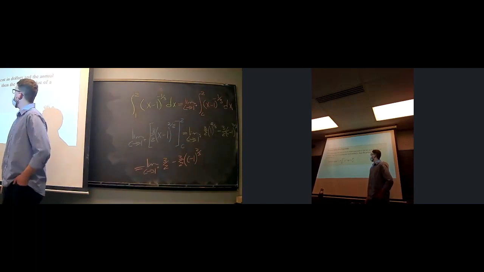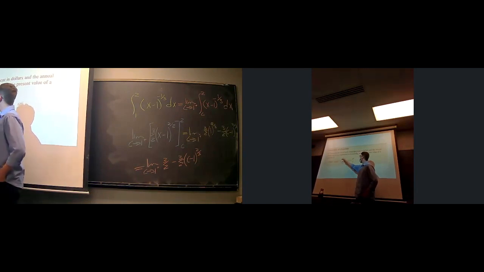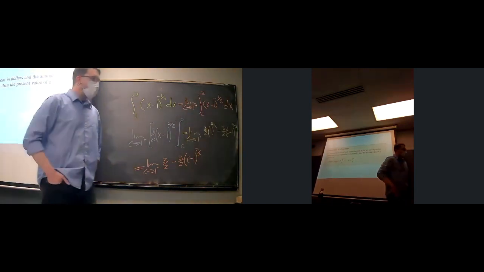So all of this written in a nice, neat, compact form, everything I just said. Assuming your cost function is just a constant value, then the present value is P times the integral from 0 to infinity of e raised to the negative RT integrated with respect to t. This thing just comes out to be, in the end, P over R.